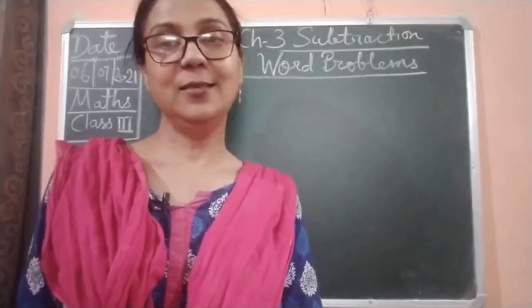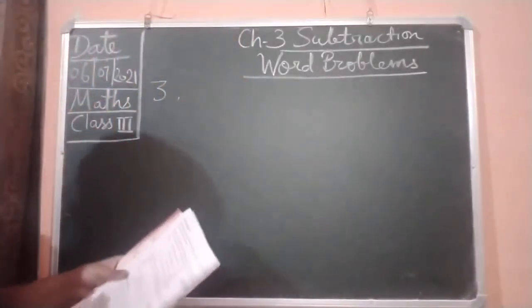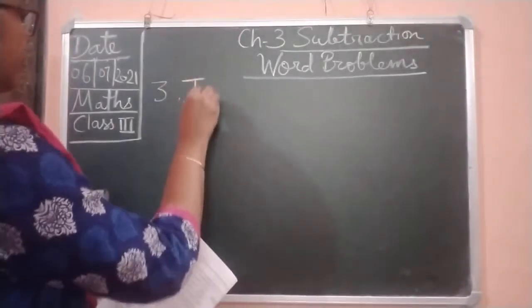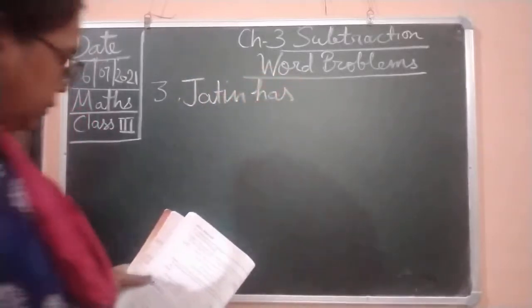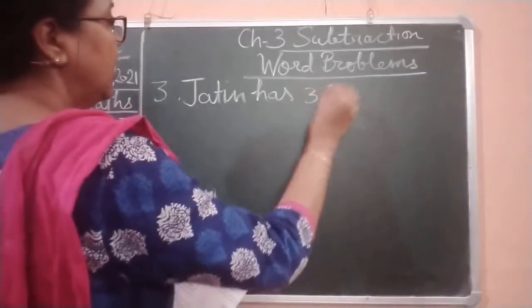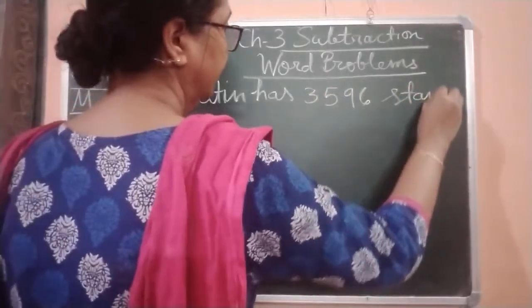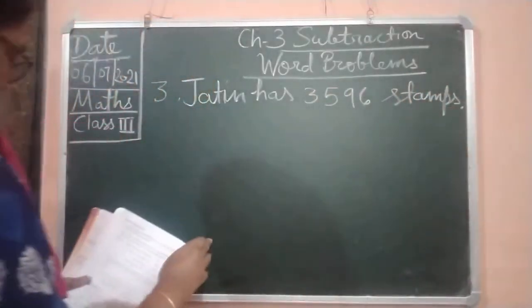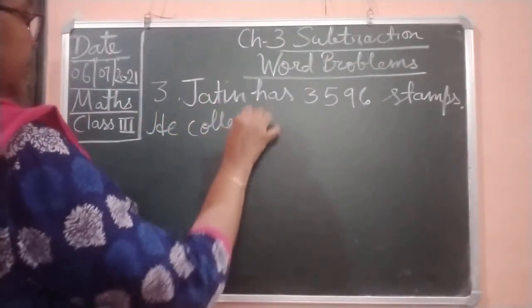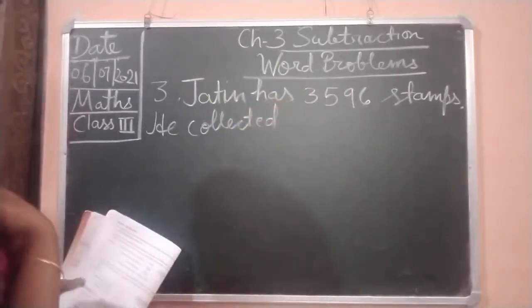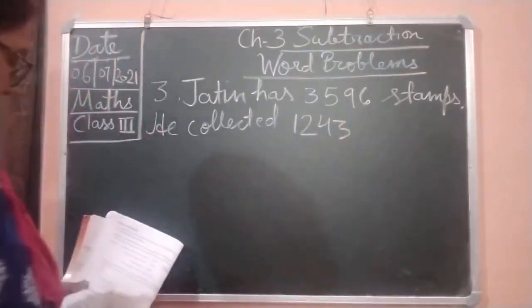So I am going to write the third word problem on the board. You just write it down. So Jatin has 3,596 stamps. He collected 1,243 stamps this year.